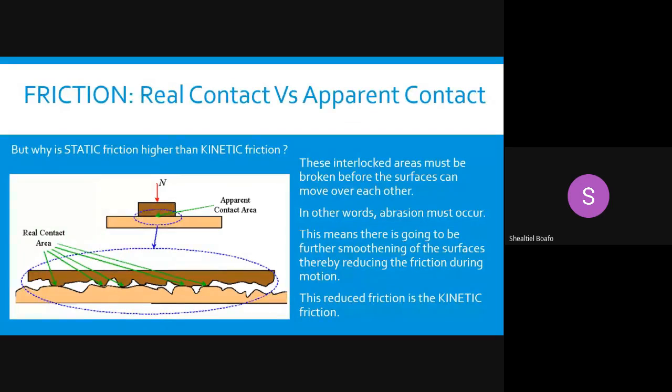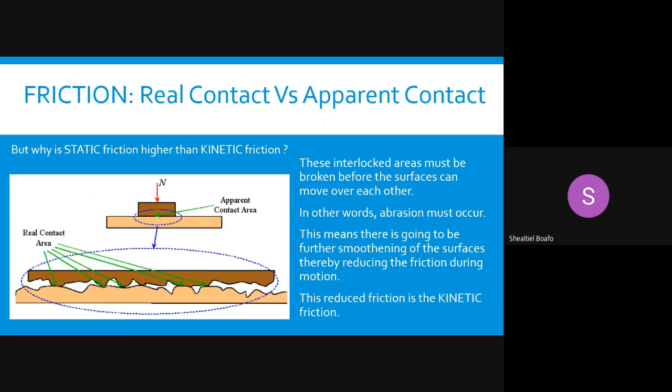The first one, I said that the interlocking of asperities has been broken. We are looking at why static friction now reduces to kinetic friction, which has a lower value. It has a lower value because the interlocking between asperities is broken, or we can say there has been abrasion between the two surfaces in contact. Secondly, there has been further smoothing between the surfaces.